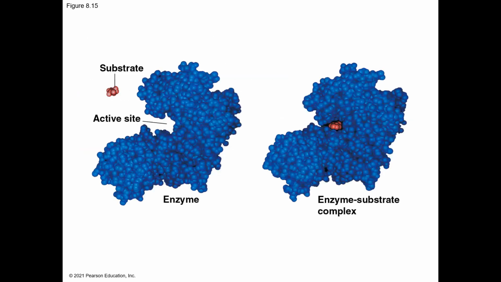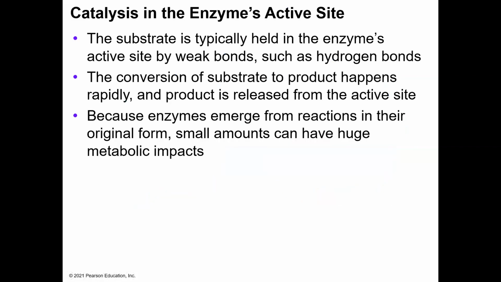So this is showing you an enzyme, located in blue here, and you have a substrate. That substrate will bind to the active site. Once it binds to the active site, you can see here, it's created an induced fit. In other words, the enzyme has closed around that substrate, creating an enzyme-substrate complex.